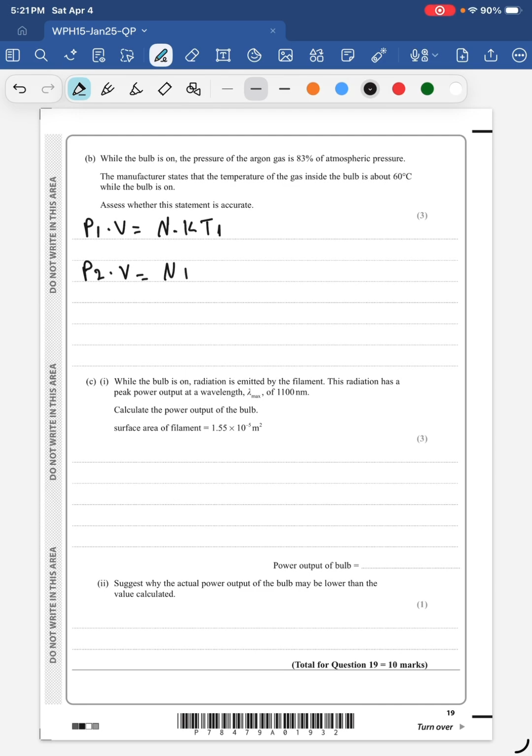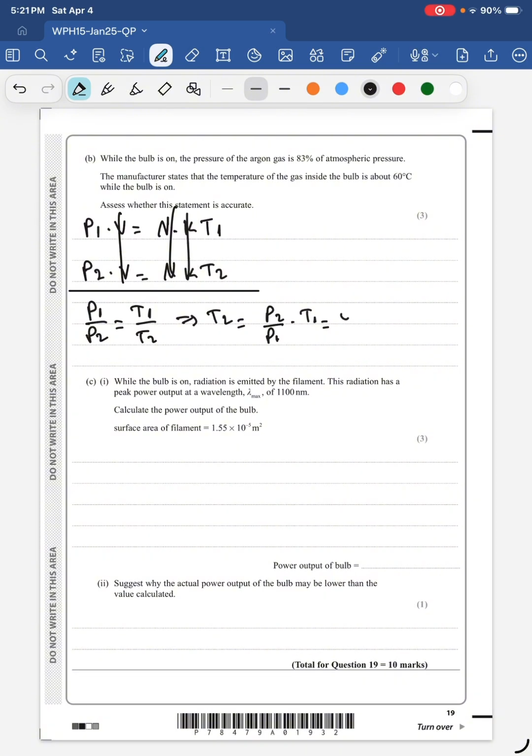So this is equal to Nk, and now T2. Okay, so we can divide these two. K and N cancel, V cancels, and so P1 over P2 is T1 over T2. And we are interested in T2, right? So T2 is P2 over P1 times T1.